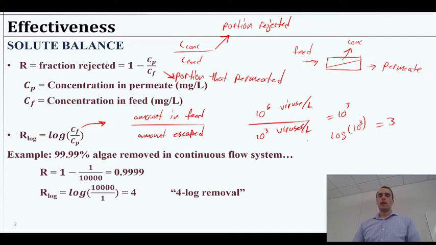So that's a way to simplify how we describe a fraction that's rejected. Because this means that if only 1,000 make it through and we started with 1,000,000, that's a 99.9% removal.